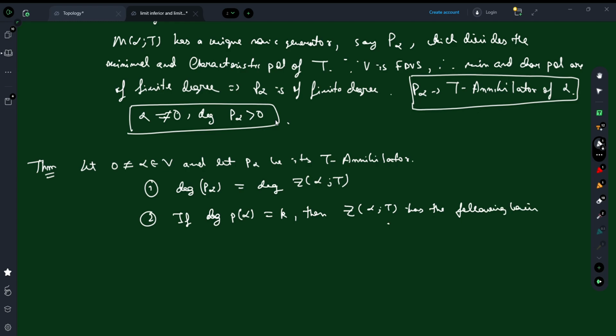The basis consists of the elements alpha, T alpha, T squared alpha, and so on till T to the power K minus 1 alpha. Clear?